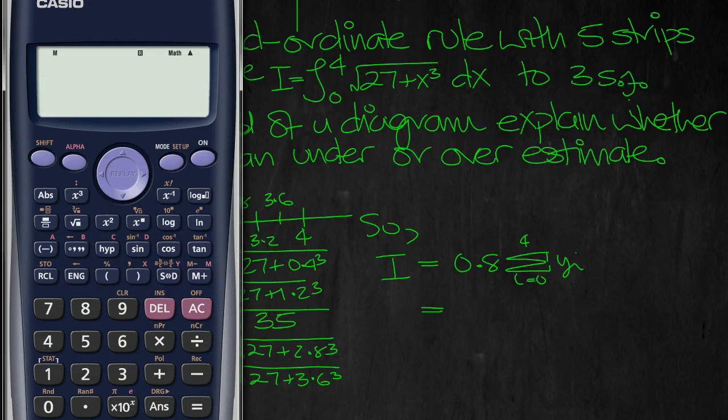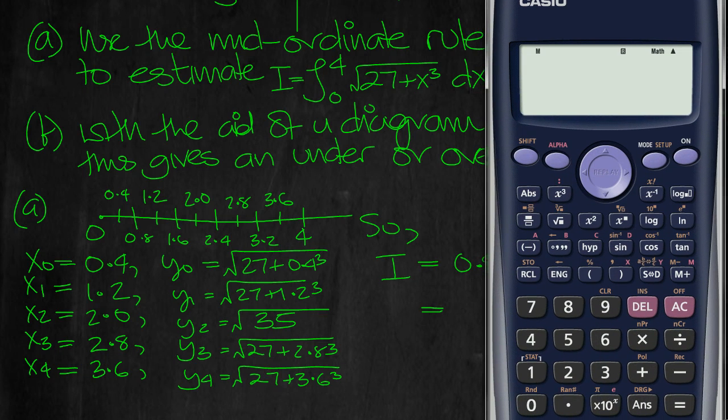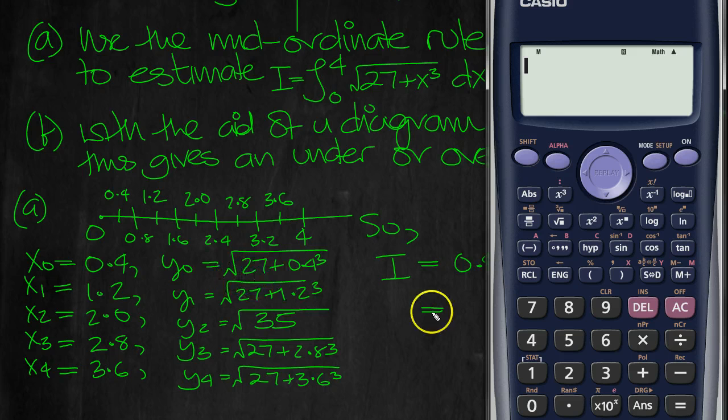So let's do it here. I'll move the calculator out of the way and just type it in here so that we're all happy with it. So it's 0.8 times bracket root 27 plus 0.4 cubed, plus root 27 plus 1.2 cubed, plus root 27.